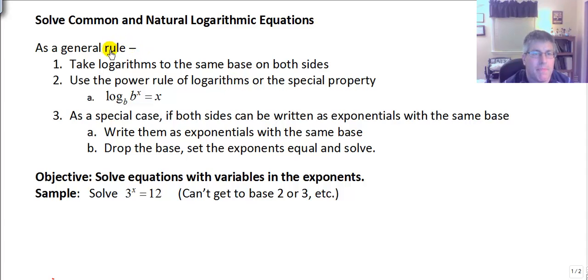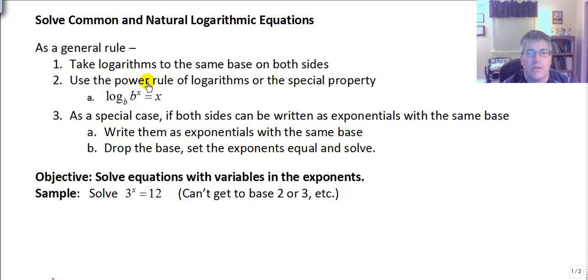As a general rule, we will take the logarithms to the same base on both sides. Usually we'll take log base 10 to both sides. What I call logging both sides of the equation.